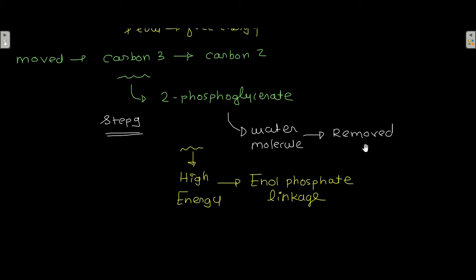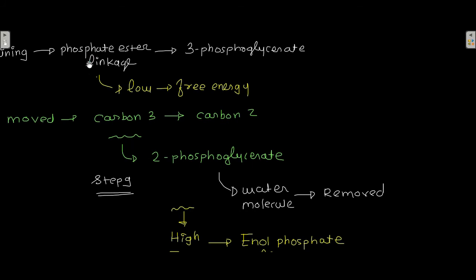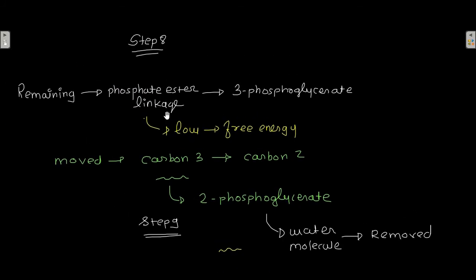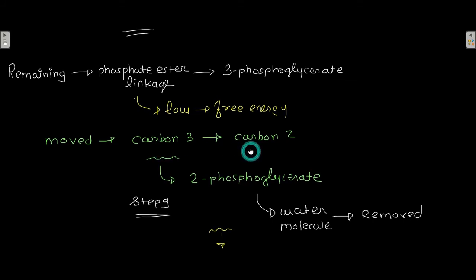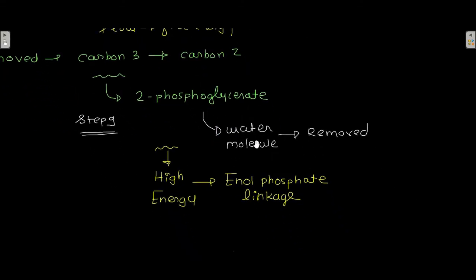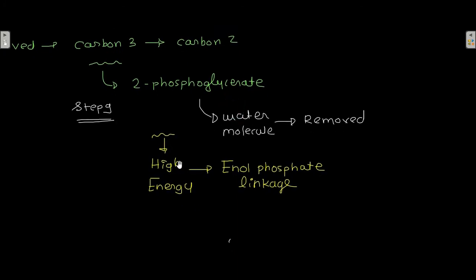As you can see, the phosphate ester linkage that was moved from carbon 3 to carbon 2 had low free energy. But once you remove the water molecule from 2-phosphoglycerate, you produce a high energy enol phosphate linkage.